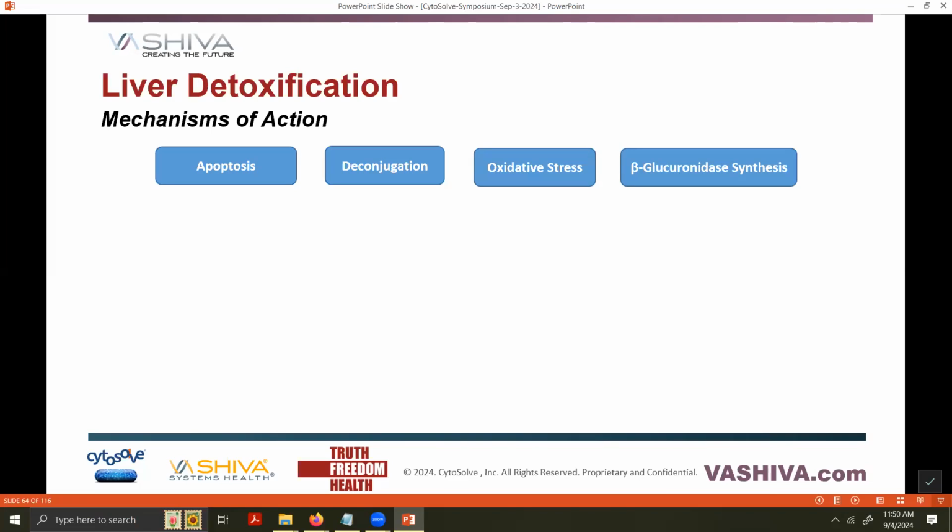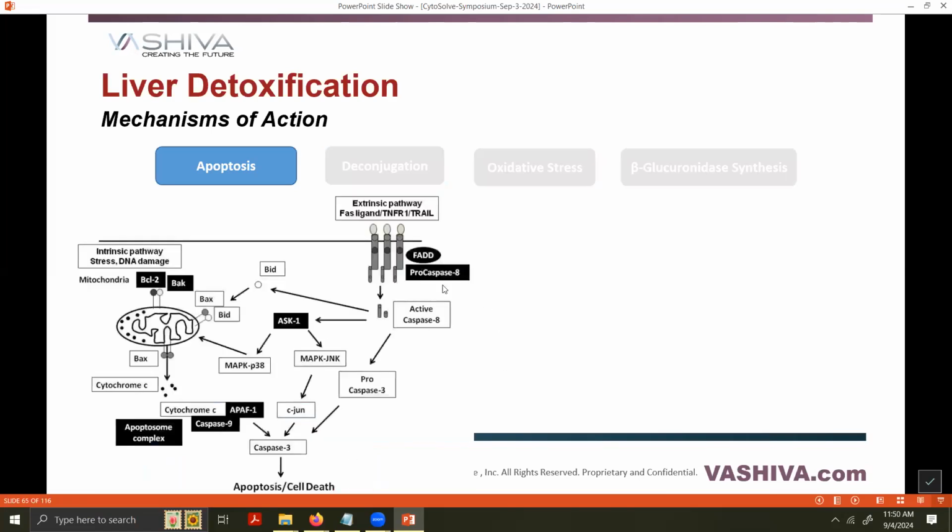Now, apoptosis, let's go into that. Apoptosis is cell death. Old cells need to die. If old junk is not dying and it's hanging out, you're going to get a Sanford and Son junkyard, okay? That's what apoptosis is. In apoptosis, you see on the bottom how cell death occurs, which is from a molecule called caspase-3. Caspase-3 occurs from 3 different upstream pathways: caspase-3, CJUN, and APAF1.